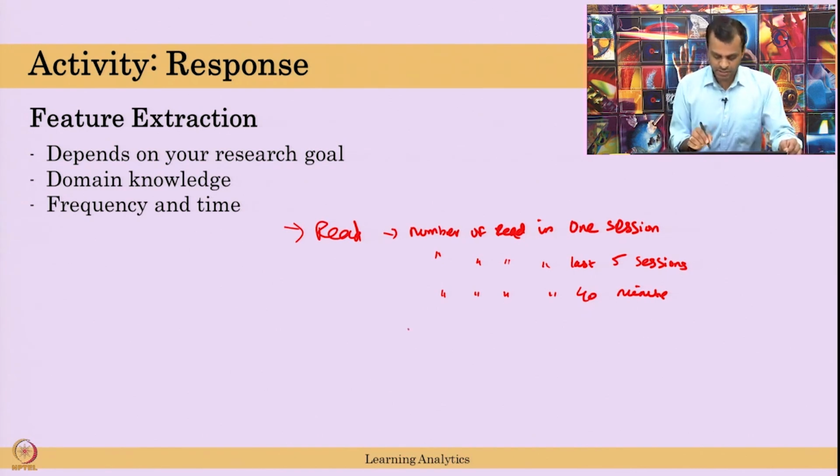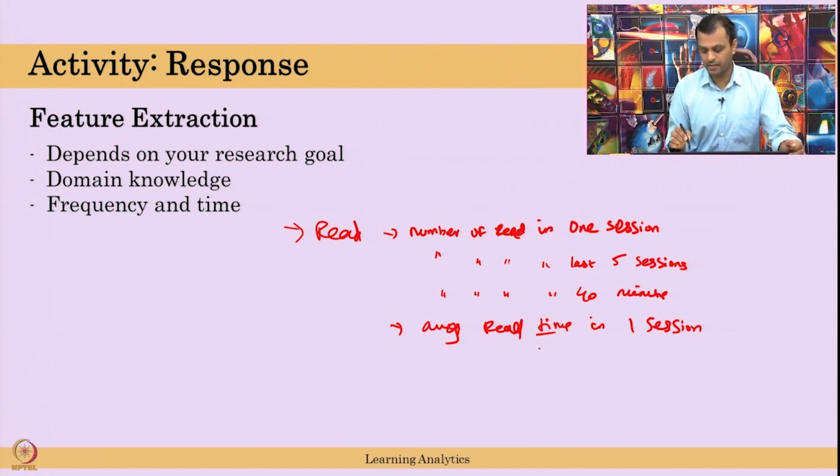So, for the same read action I will create multiple features based on time. Average read time in one session, and you can talk about average read in the last 20 minutes, or average read in the last 5 sessions, or you can be specific, like average read before taking the quiz.